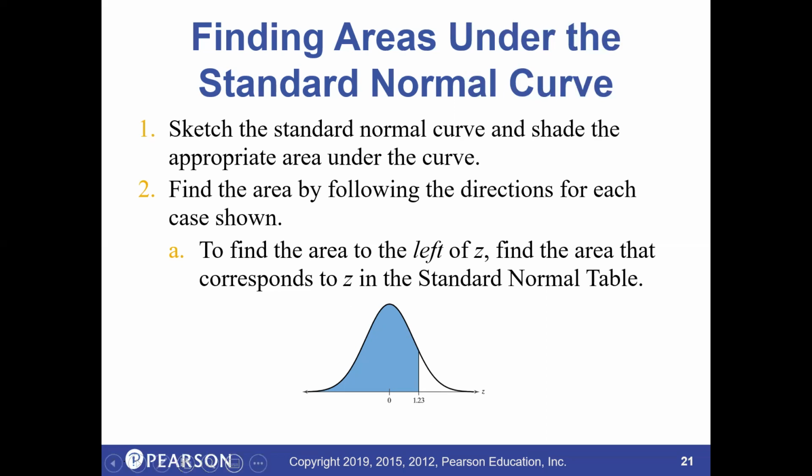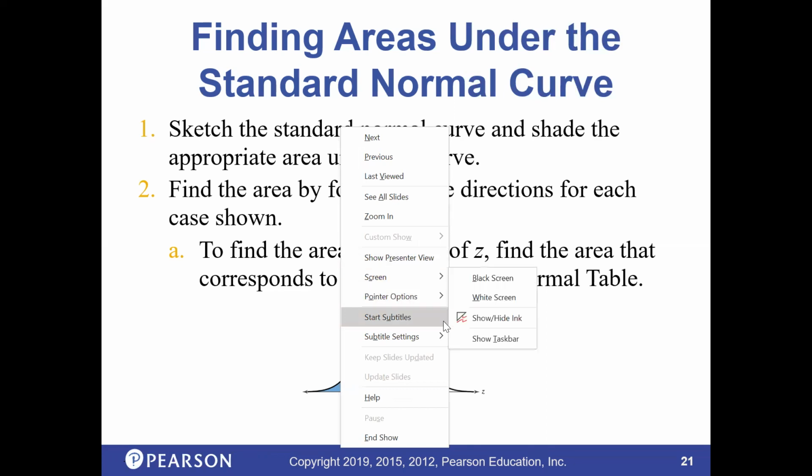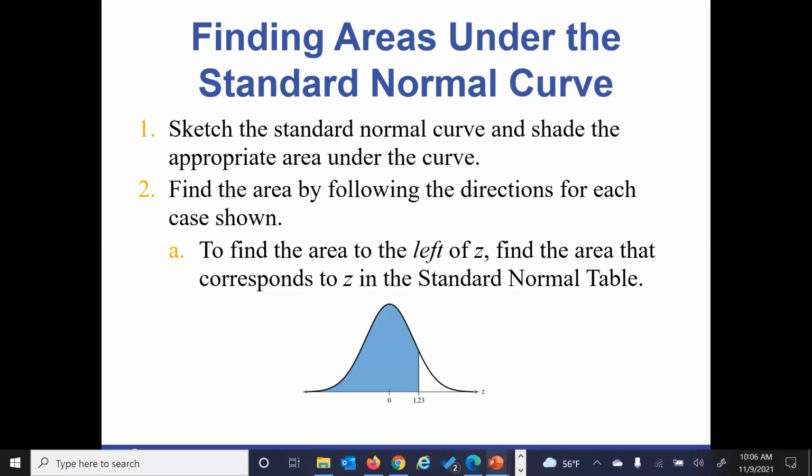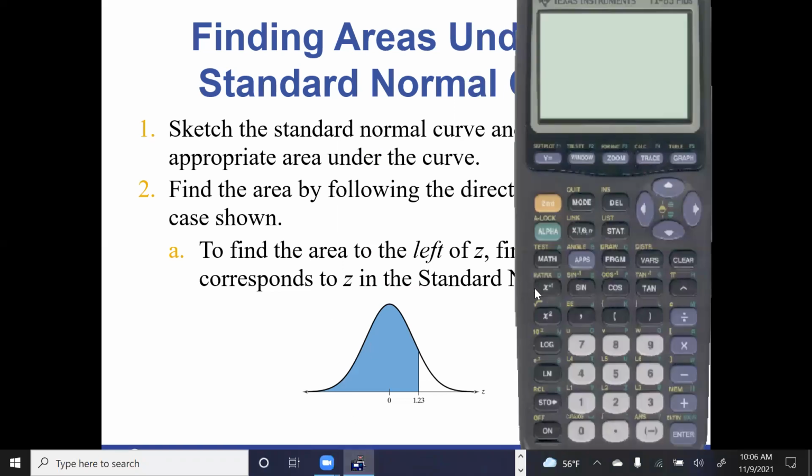Let me do it on a calculator as well, just so you guys can see it here. The TI-84 is going to work slightly different, that's okay. Normal curve distribution function, number 2. The lower one is negative 1,000, or negative 10,000, whatever, because I'm going off to the left. Just put in a big number.